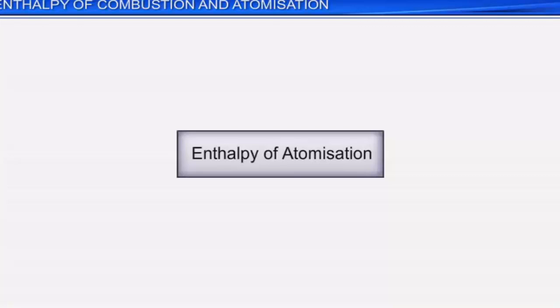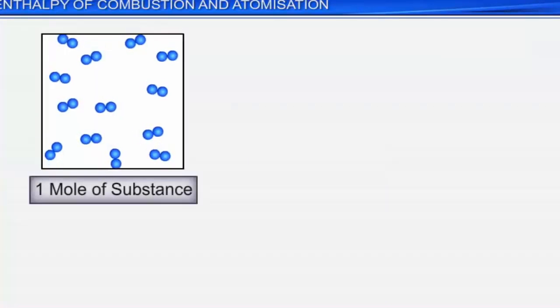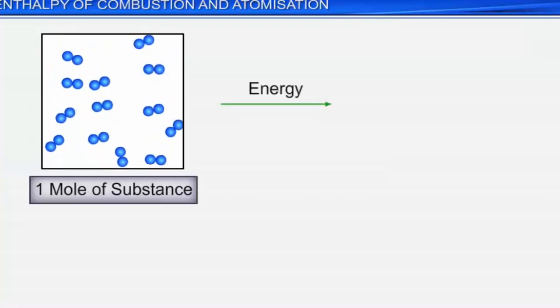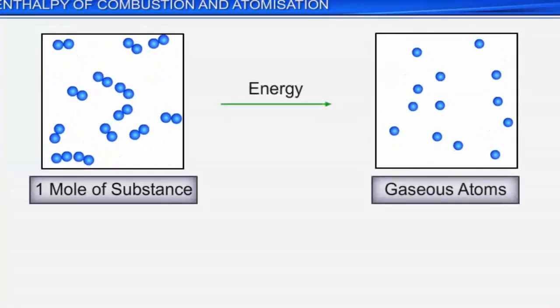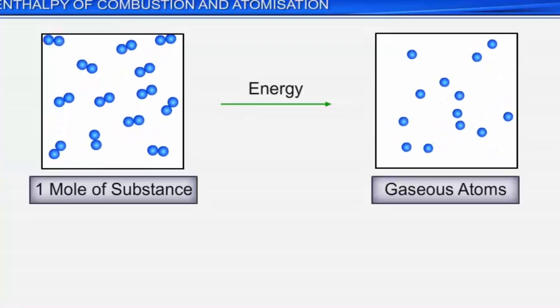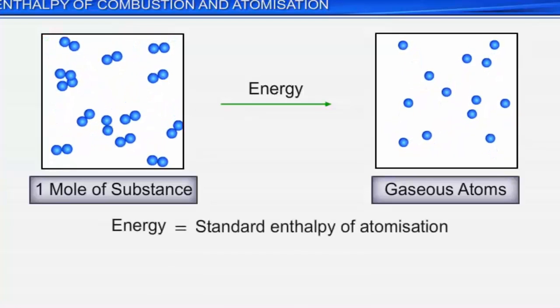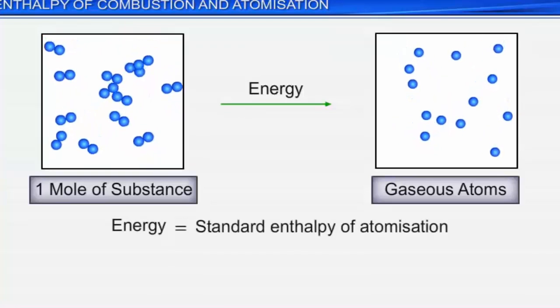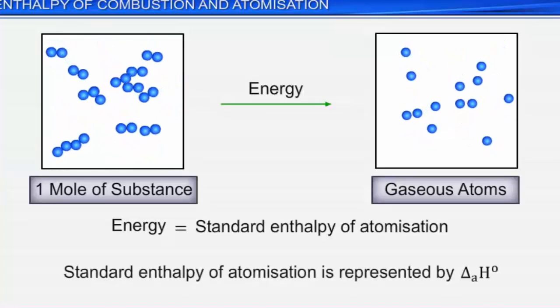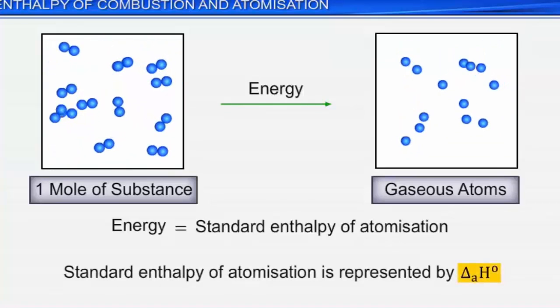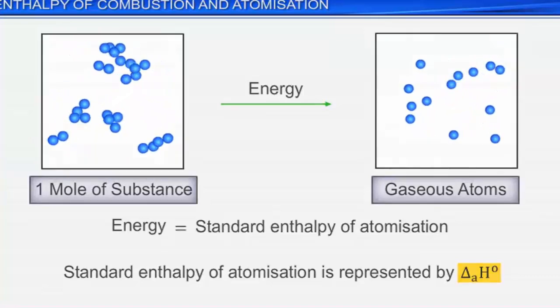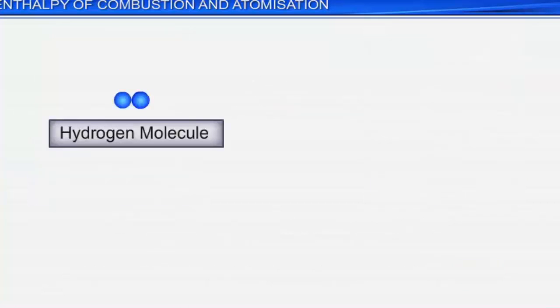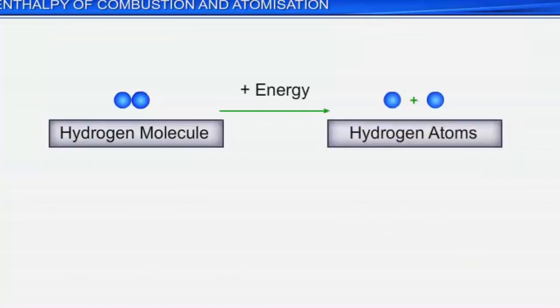Now let's look at enthalpy of atomization. When 1 mole of a given substance dissociates into gaseous atoms, the enthalpy change accompanying the process is called the standard enthalpy of atomization. It is represented by delta AH naught. Let's consider the atomization of dihydrogen into hydrogen atoms.